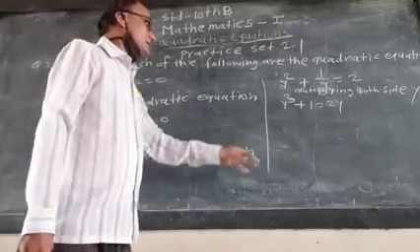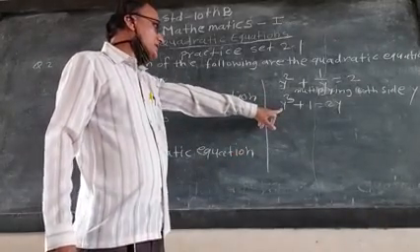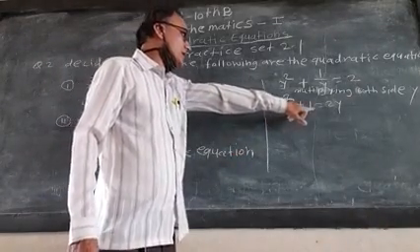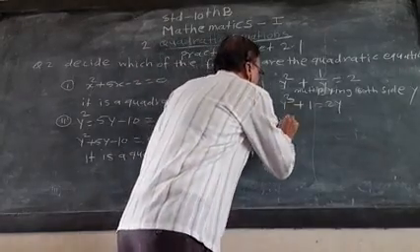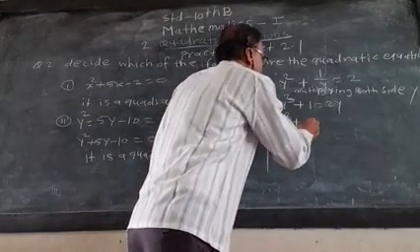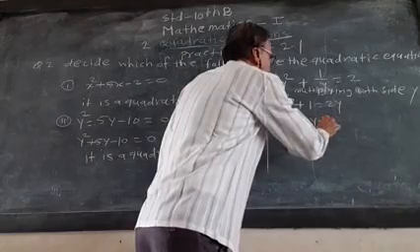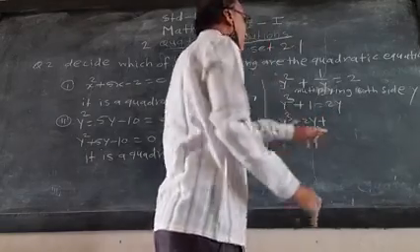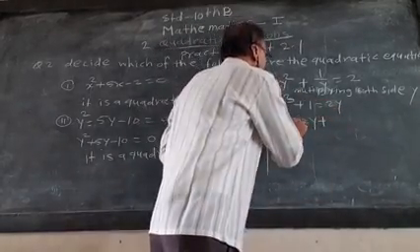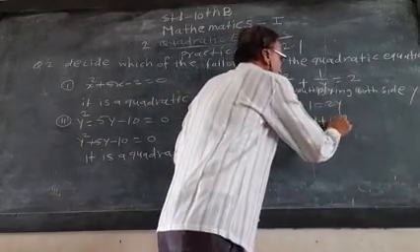So here we solve this equation. Writing in general form: y cube minus 2y plus 1 equals 0.